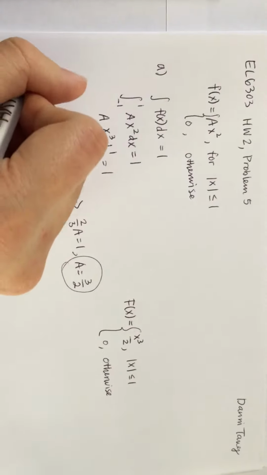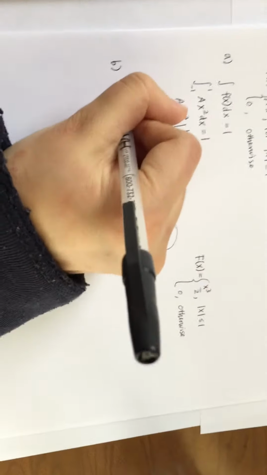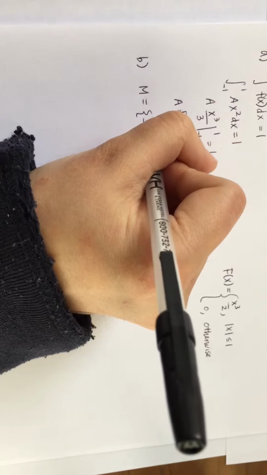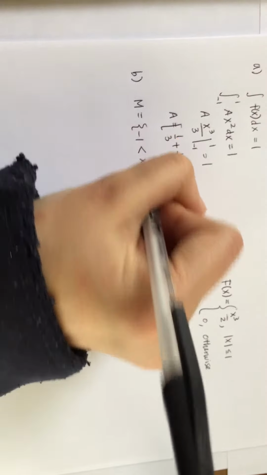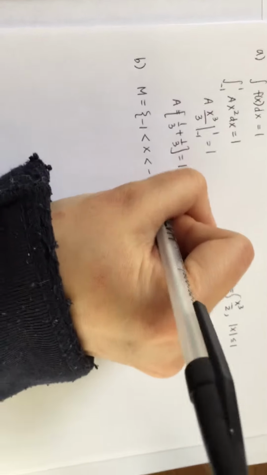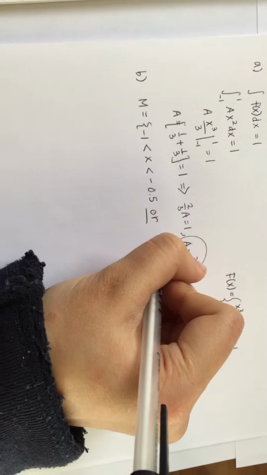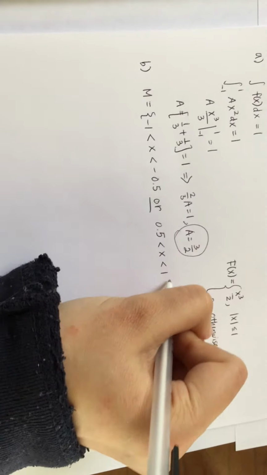Then part B asks: m equals X is bigger than -1 but less than -0.5, or X is bigger than 0.5 but less than 1.